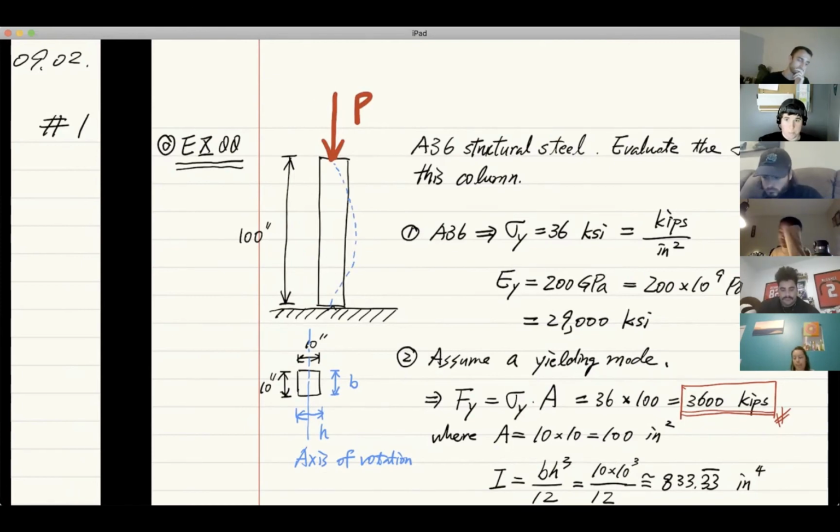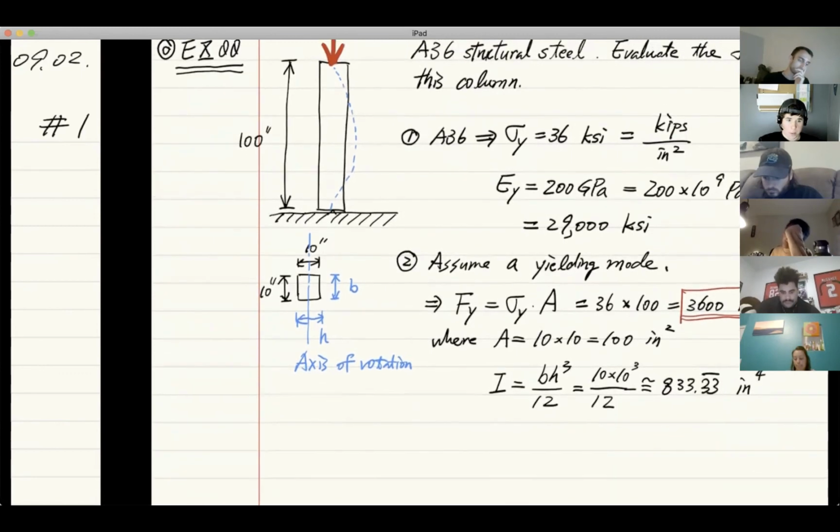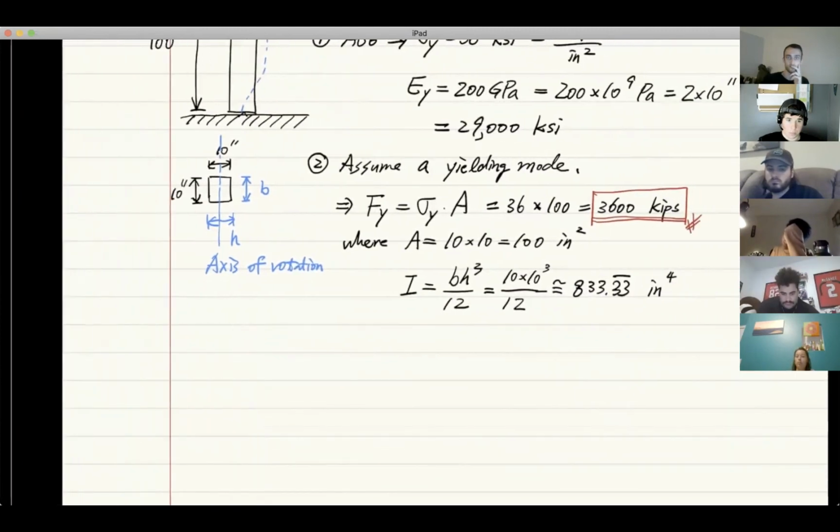Now from steel design, you already have this equation, or just use that equation for now, because I haven't shown you how we actually got this number.